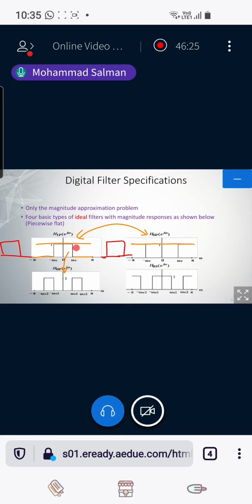If you shift these to the right, or if you shift them to the left, you will get this one. So no need again to learn the band pass one. If I know the low pass, I can shift it to get the band pass one.